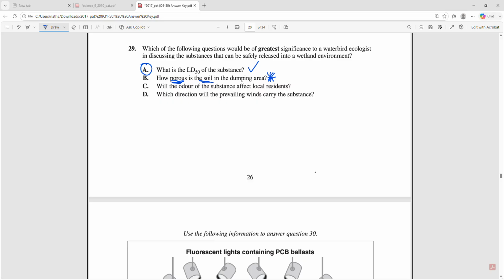If that toxin can get into the water table, it can get into the water systems. So that could be a problem, but it's more important to know how toxic it is, because if we know that it's not a harmful substance, even if the soil is porous, we're still going to be okay. However, having both a non-toxic substance and non-porous soil conditions would be the best.